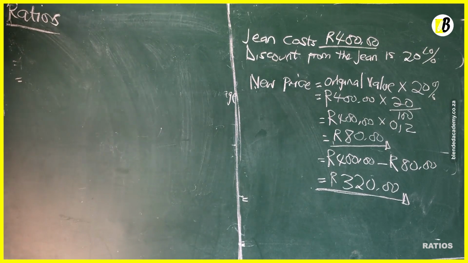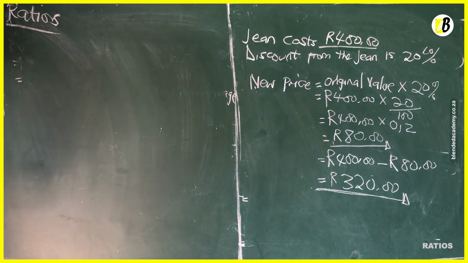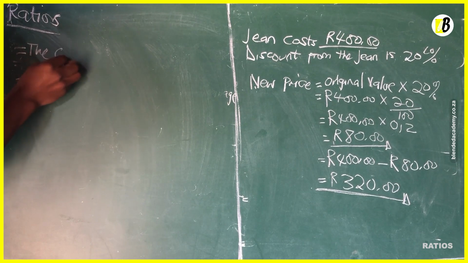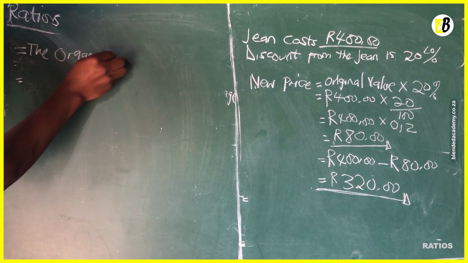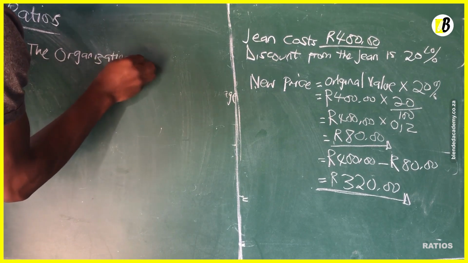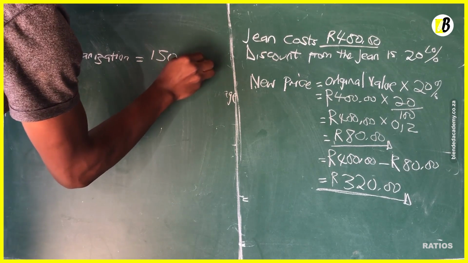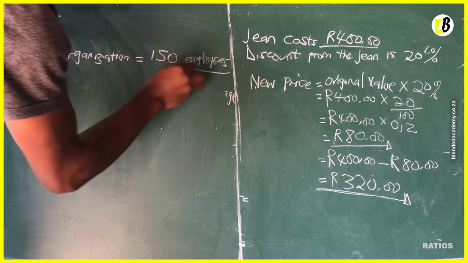I'm just going to give you a typical example before I explain what ratios is. Let's say you work for Blended Academy, and Blended Academy has 250 employees, right? And then you're being told that out of those 200 employees, 25 of them are managers. So let's write that down. So the organization has 150 employees, right?